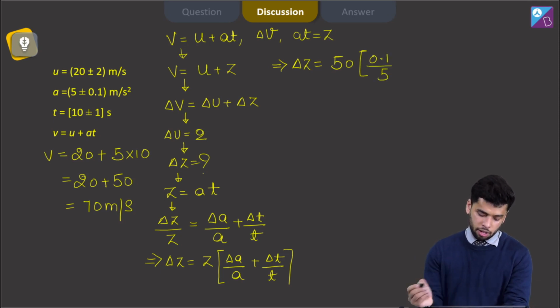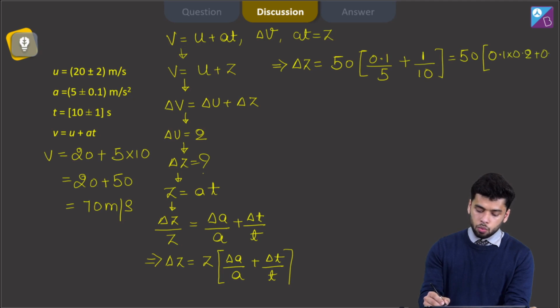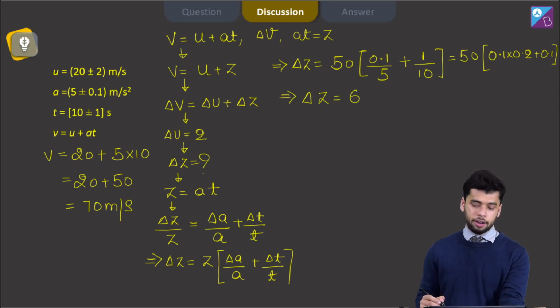It is 5. What is the error in the time? It is 1. And what is the value of time? It is 10. So it is equal to 50 into 0.02 plus 0.1. Now as we solve this, delta z is equal to 6.